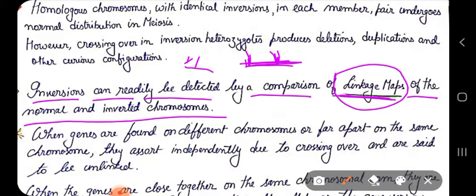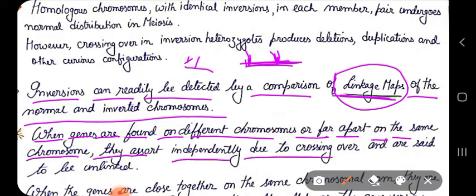It is saying that when genes are found on different chromosomes or far apart on the same chromosome, they assort independently due to crossing over and are said to be unlinked.